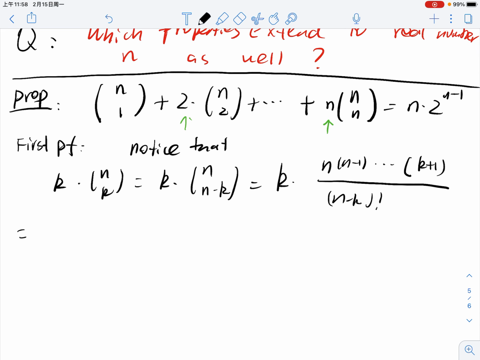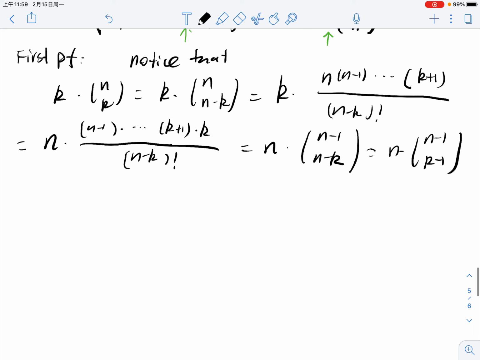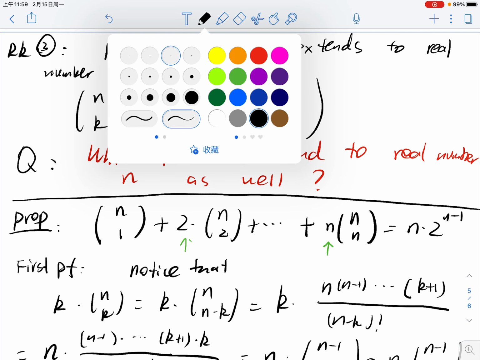If you rewrite it, you have n times (n minus 1) times all the way to (k plus 1) times k, divided by (n minus k) factorial. That would be n times n minus 1 choose n minus k, or n times n minus 1 choose k minus 1. Therefore, if you plug in, let me denote this as L.